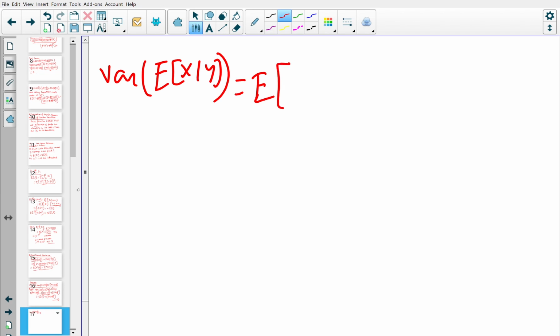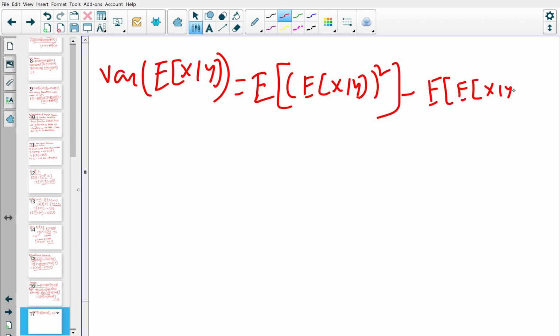So expectation of x given y whole square, and then minus the whole square of its expectation.